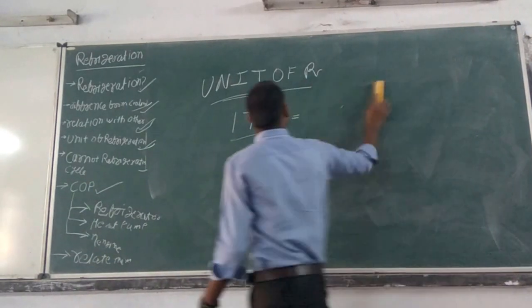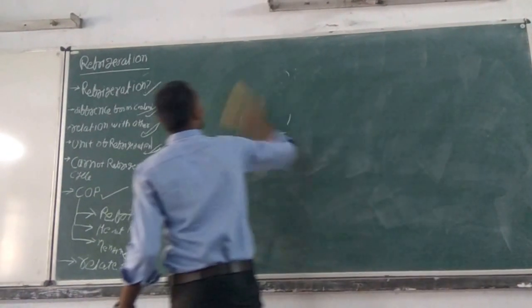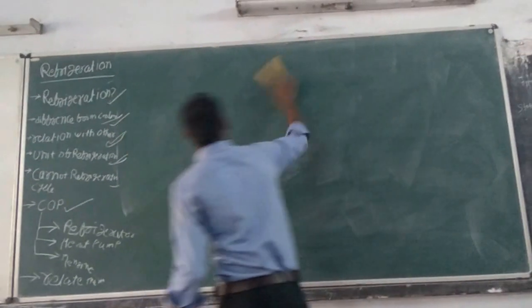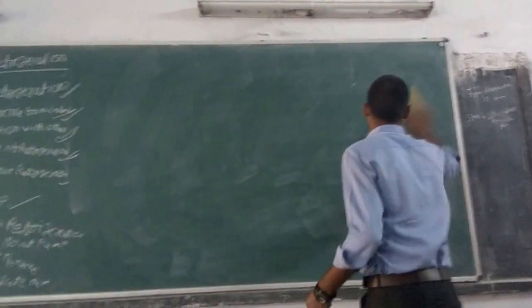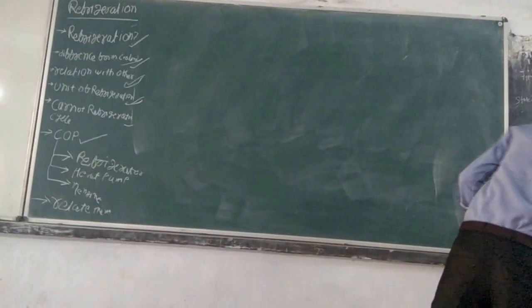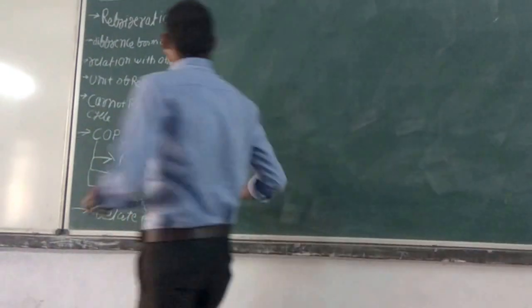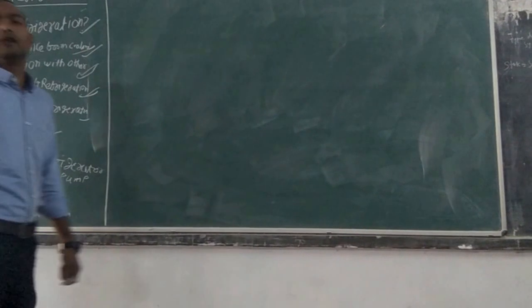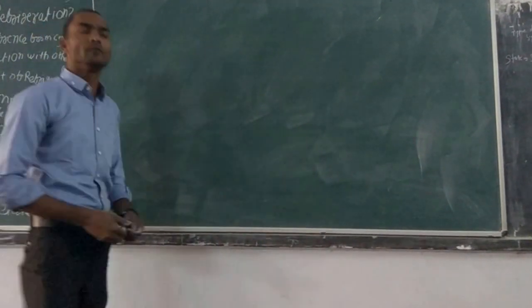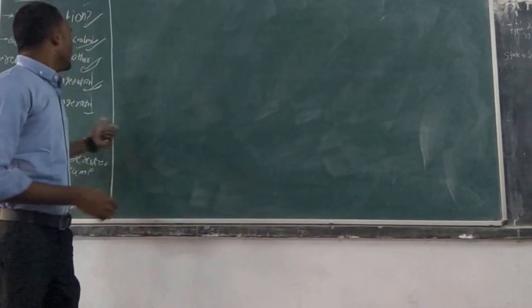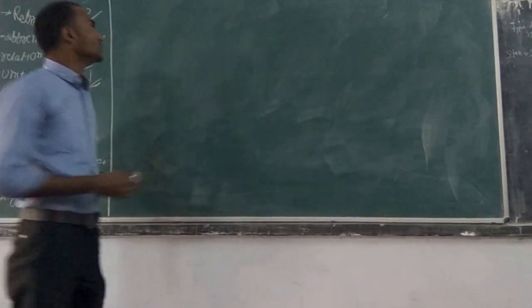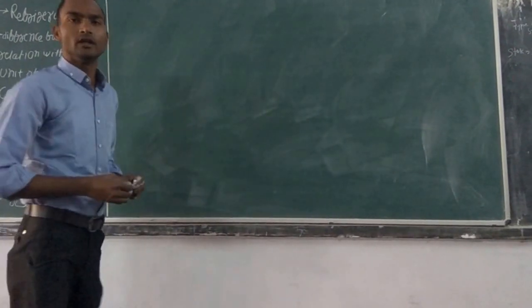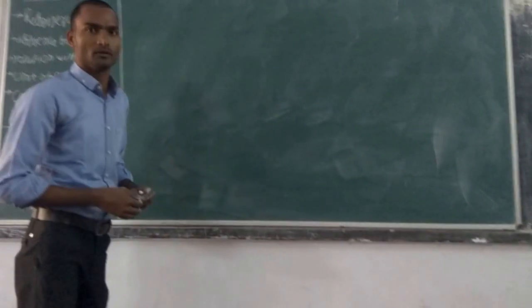Now coming to the next topic, our Carnot refrigeration cycle. Carnot refrigeration cycle is the basic ideal cycle. It is also called an imaginary cycle because any refrigeration cycle which produces 100% efficiency is not possible.